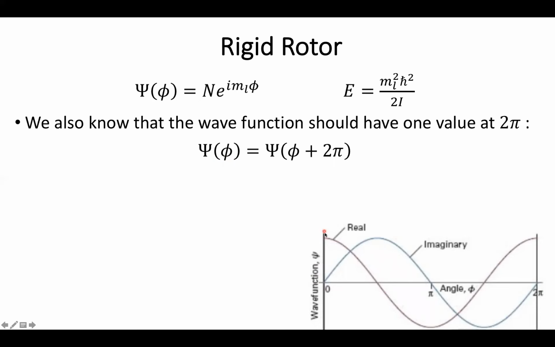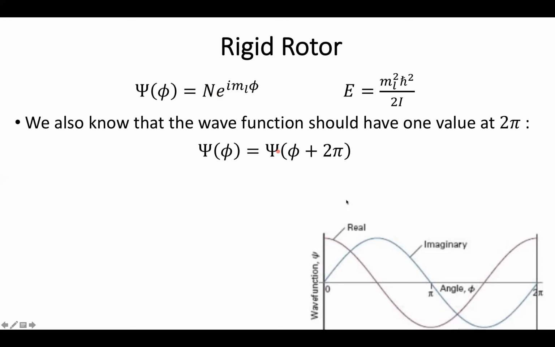This means when I complete one complete rotation, my equation should continue smoothly. And this should be true for both my real and my imaginary part, because as a reminder, using Euler's equation, we can break this exponential down into a cosine and sine function with a real and imaginary function.